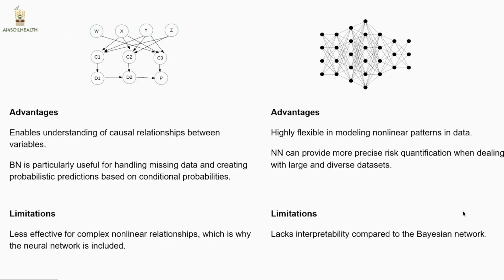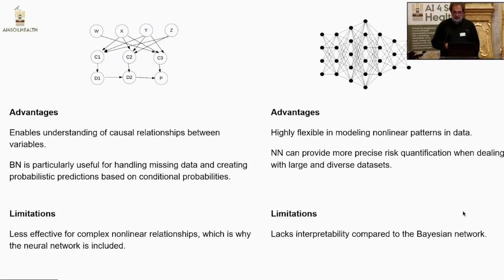And at the end, what are the advantages and limitations of Bayesian and classical networks? Bayesian networks excel at uncovering causal relationships between variables and are great for handling missing data. If you have missing data, a Bayesian network can help.